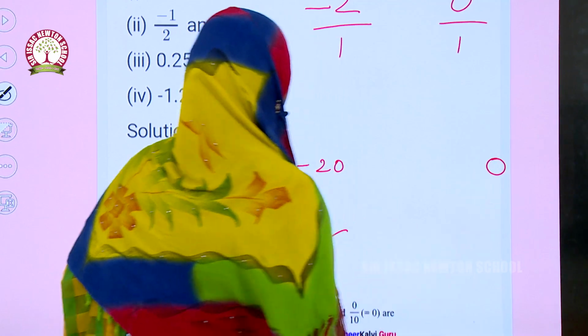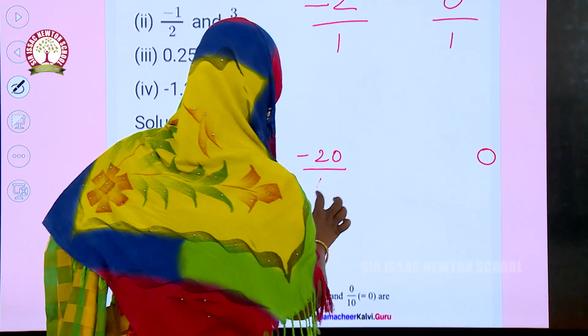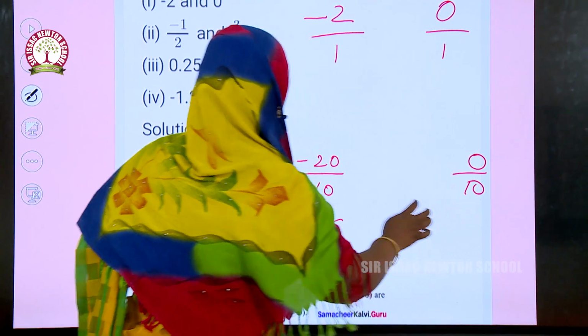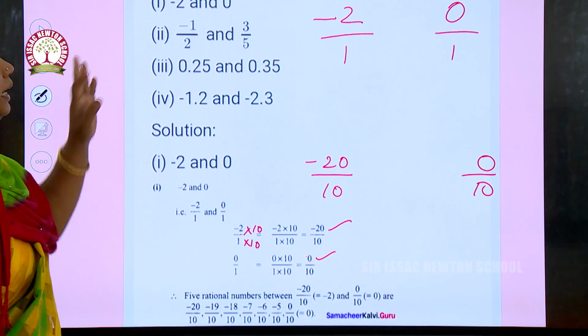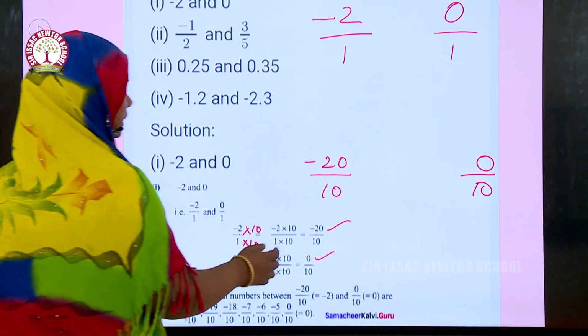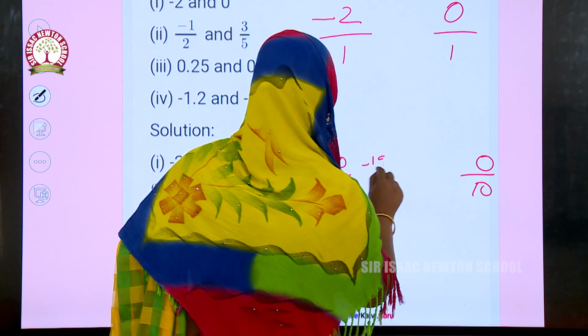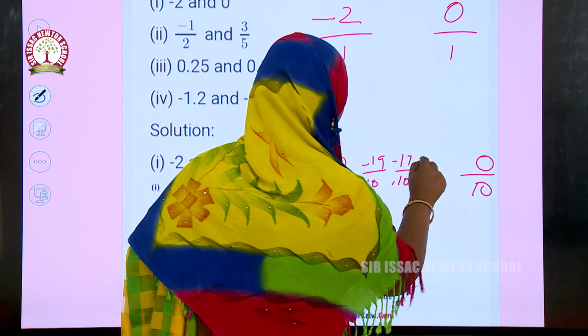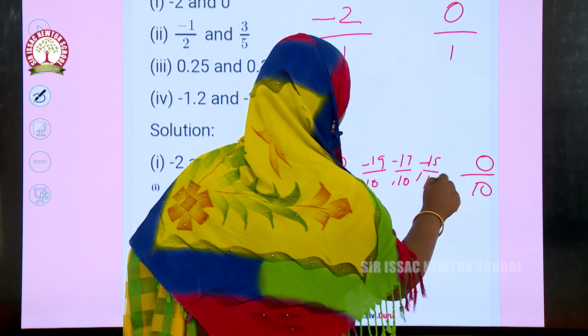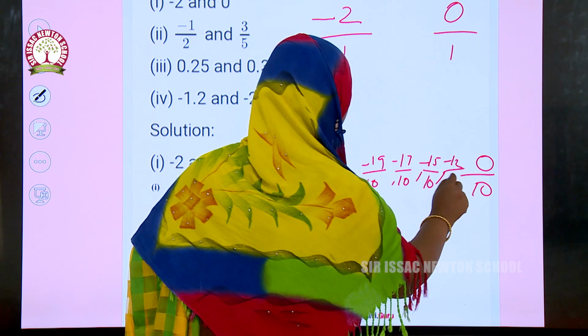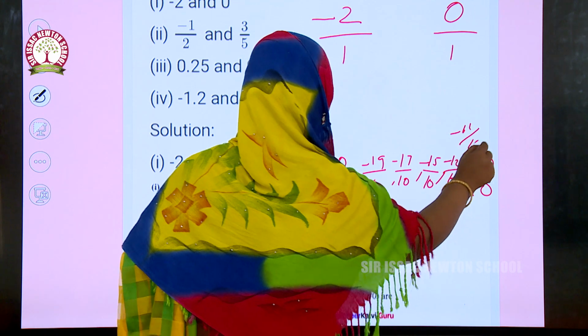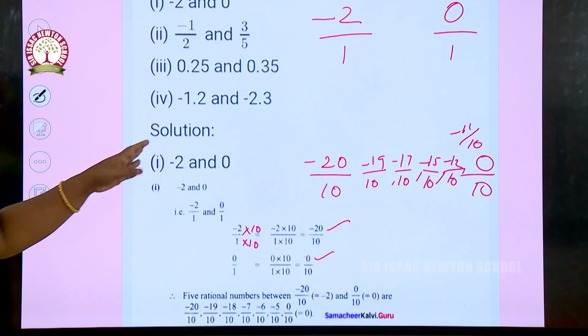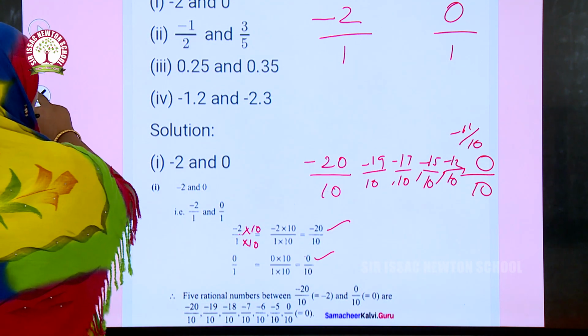In between these two values, there are so many values, we can list any 5 rational numbers. For example, I can take minus 19 by 10, minus 17 by 10, minus 15 by 10, minus 12 by 10 and minus 11 by 10. Any 5 values you can list.